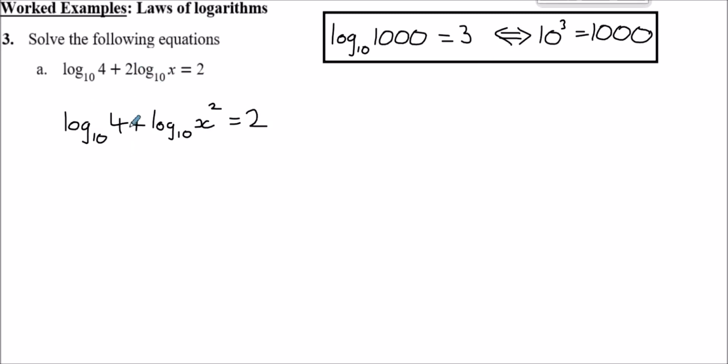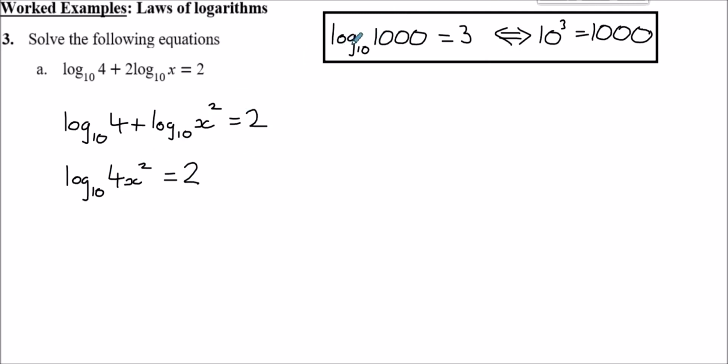We can now combine this into one log, so we have log base 10 of 4x squared equals 2. So now we can have a look and see how this links to this above.